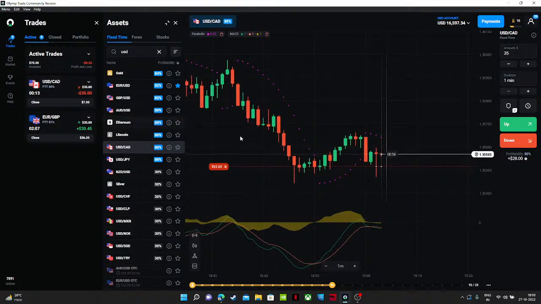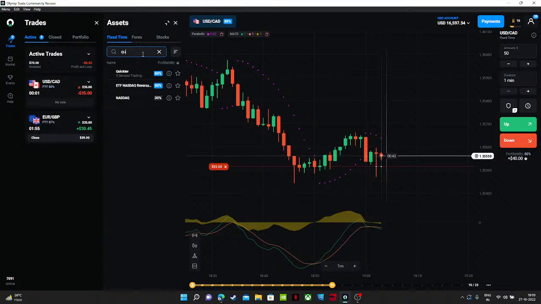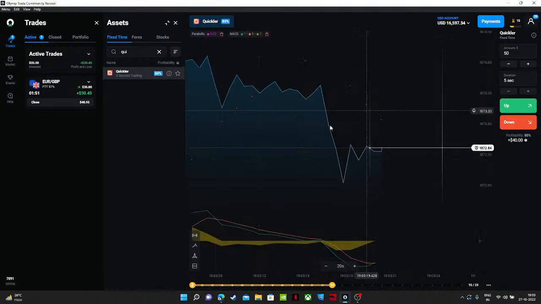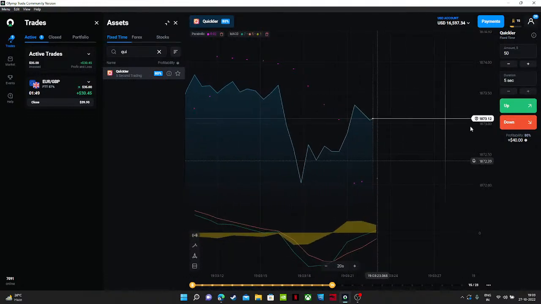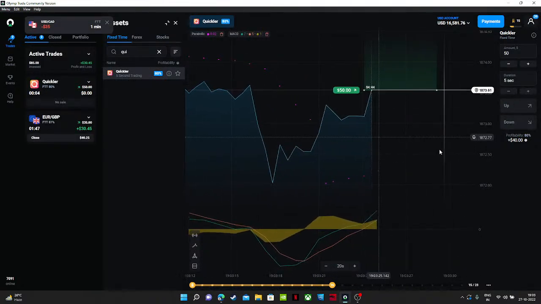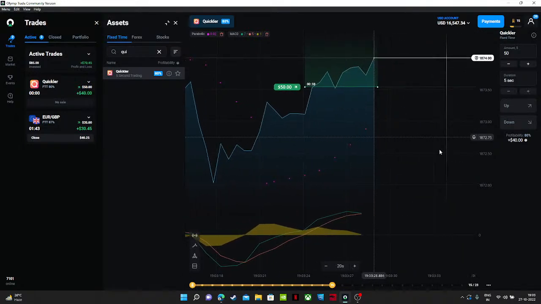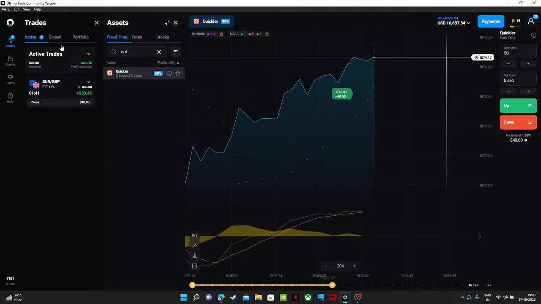Okay, I'll show you. First of all, let us recover this $35 which we lost here. We can also try some trades on the Quickler asset, guys. So we made the recovery using the martingale.